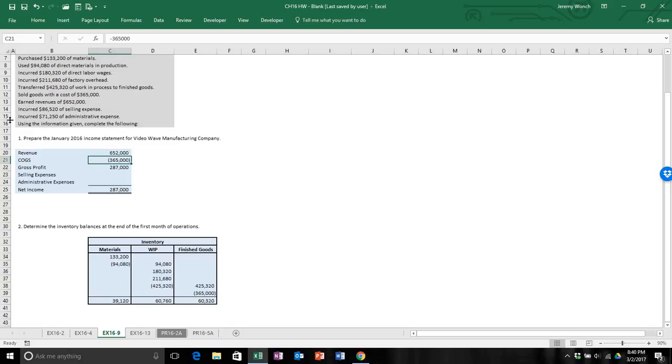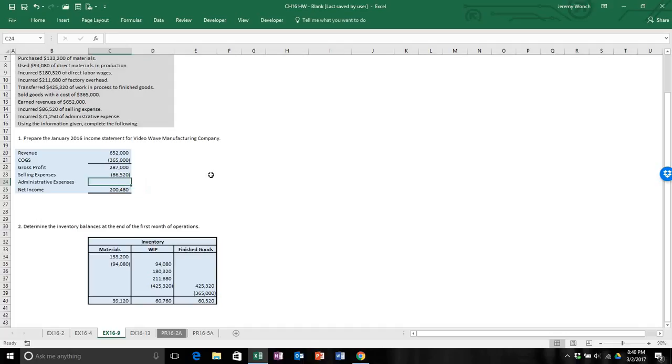The next one is we incurred selling cost of 86,000. And so our selling costs are down here. So we got 86,520. And so selling expenses are not part of inventory, so they're not down here. They go directly to our income statement.